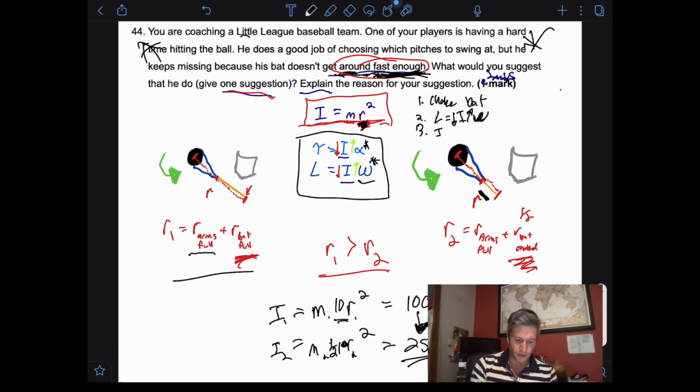Therefore, the explanation for why you would choke up on the bat is you're trying to decrease R ultimately to help all that pan out. Okay. And that was 44.